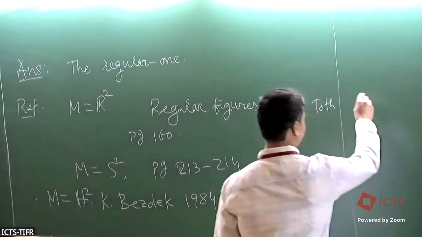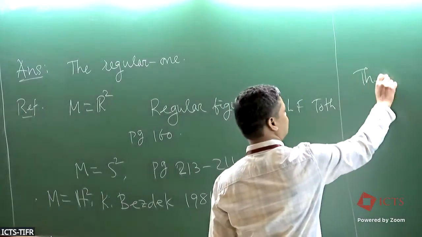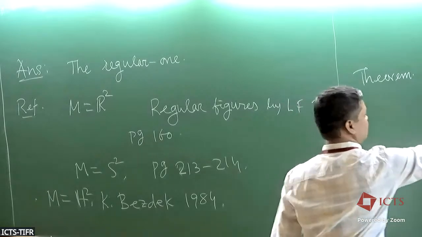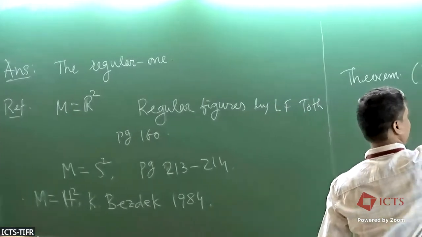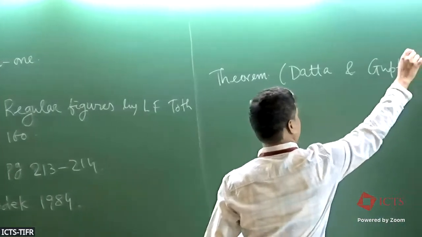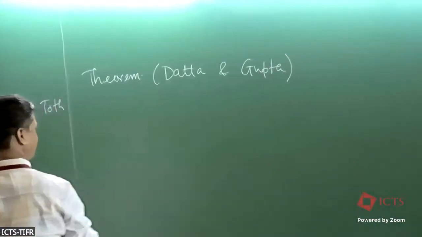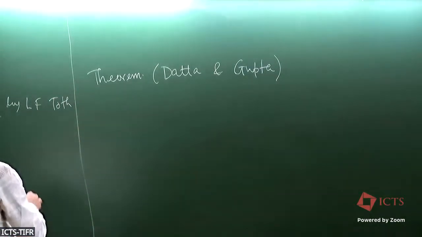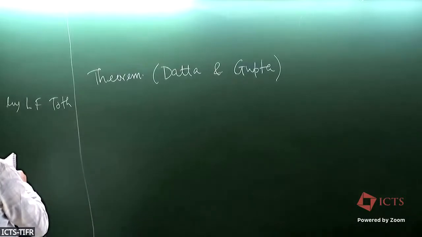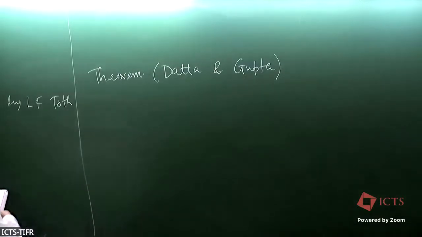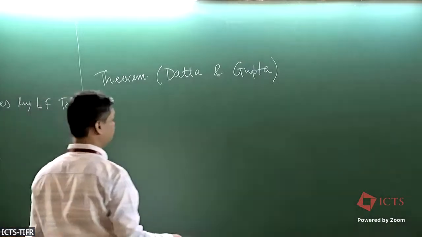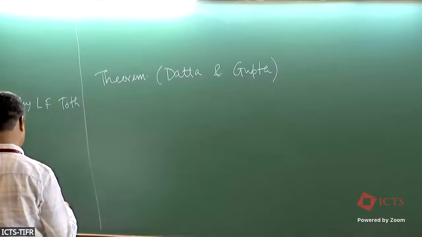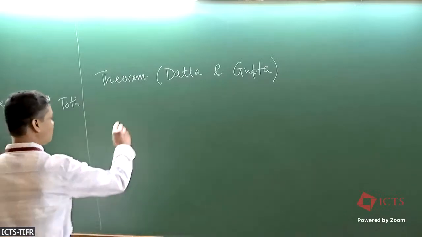And recently, Vasudev Datta and Subhojoy Gupta have proved the following theorem. The article is called Isoperimetric inequality for non-Euclidean polygons.